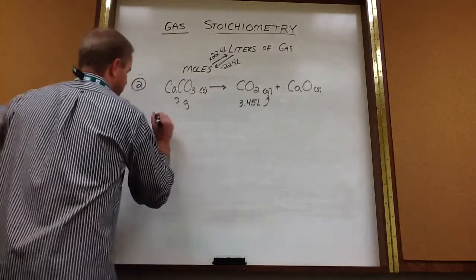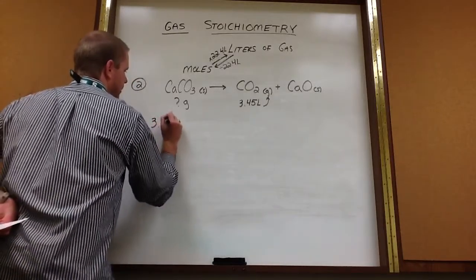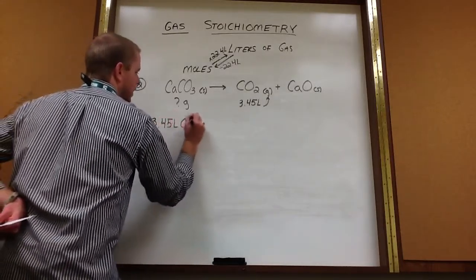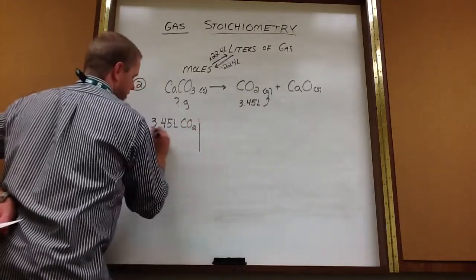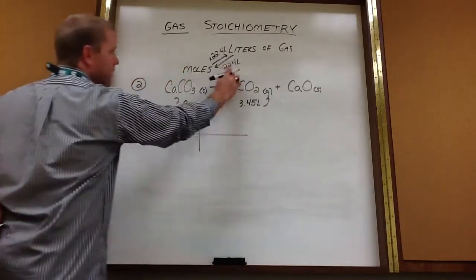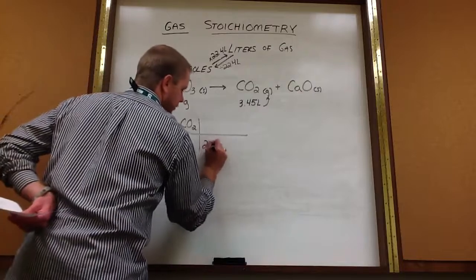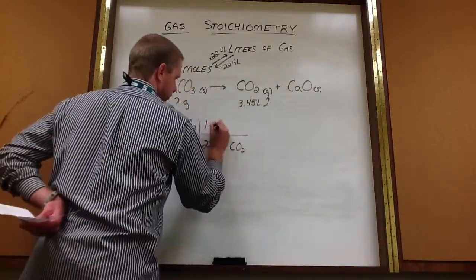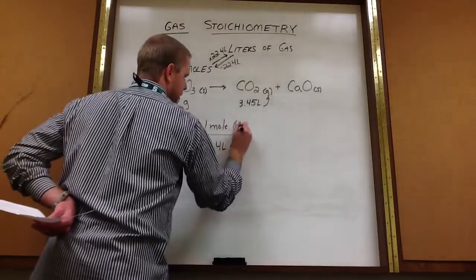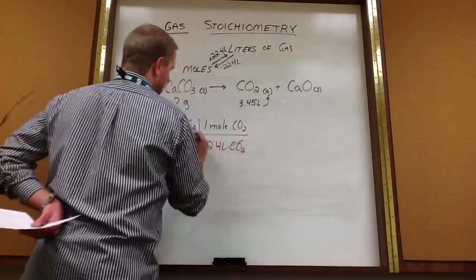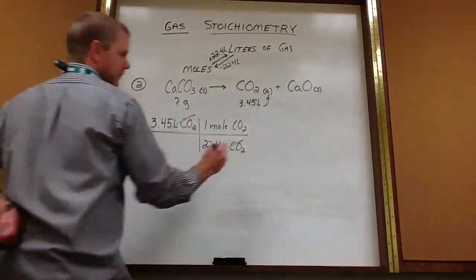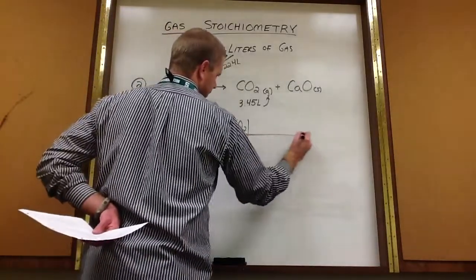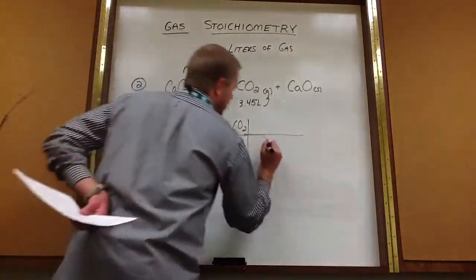So here's what you do. You start with 3.45 liters of CO2. And we said it's a gas, right? So therefore, if there's 22.4 liters of gas in a mole, we can do that. We then have moles of carbon dioxide, don't we? Which brings us to our most important step, mole ratio.